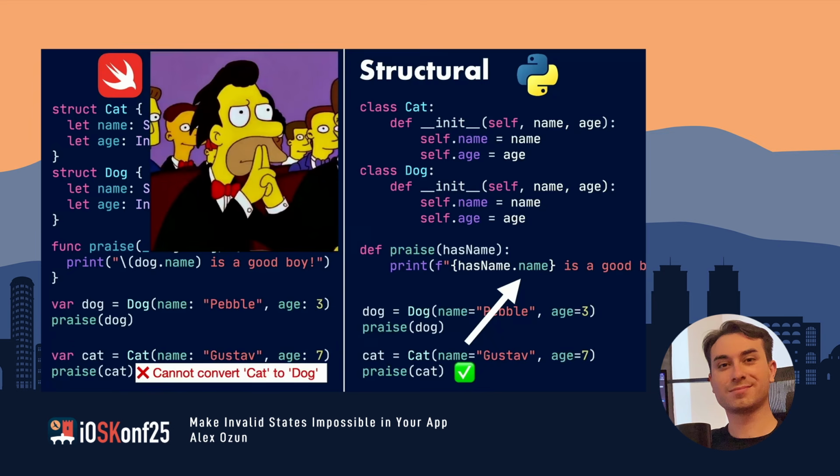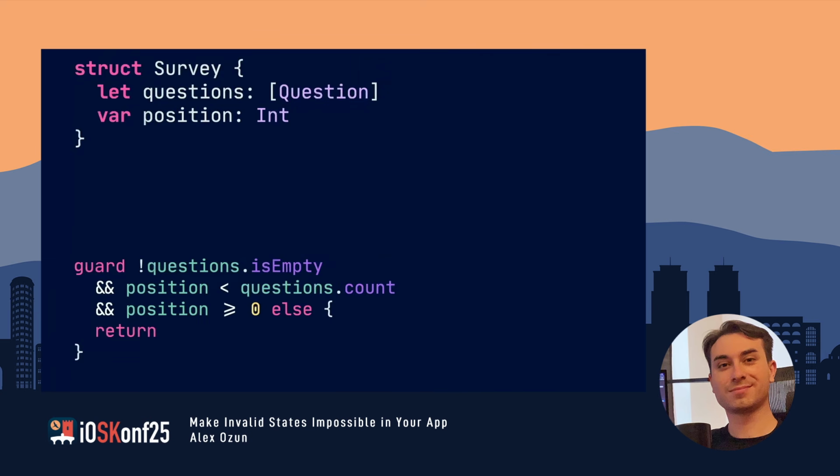But here's an interesting thought. As an idiomatic and thoughtful structural typing programmer in Python, you are really forced to think really hard about the structure of your data to ensure correctness and safety. And so as Swift programmers, we can learn from that. So here's a question.